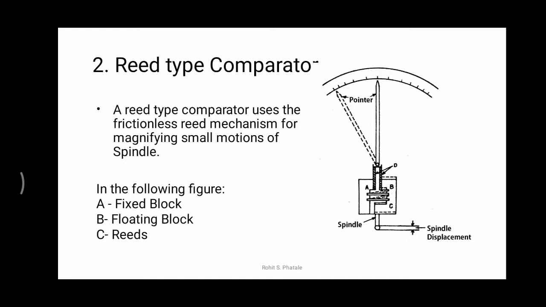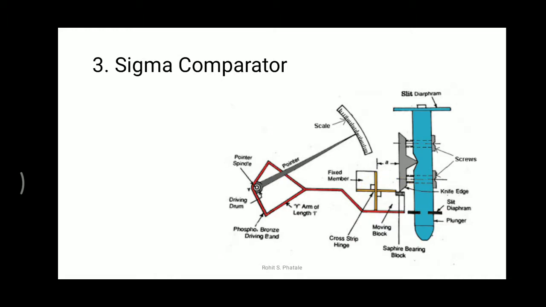The reed type of comparator uses a frictionless reed mechanism for magnifying small motions of the spindle. Very small displacements are also recorded with the help of this reed type of mechanism.